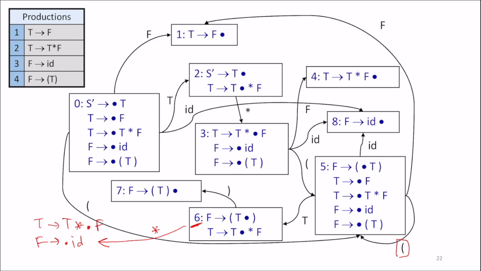So the dot is before the F, so I predict all of the F rules, and F goes to dot open parenthesis T, and there are no other dotted rules to predict because we've done all of them that are in front of a non-terminal. And notice that this is exactly state number 3. So instead of creating a whole new state, I create a transition here on the multiplication operator. I've added a transition from 6 to 3 on the multiplication operator.